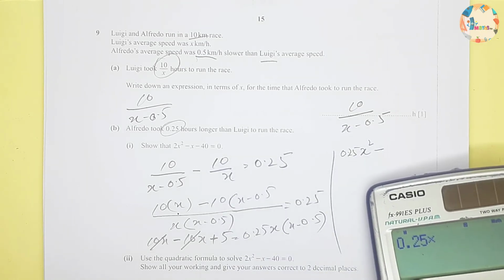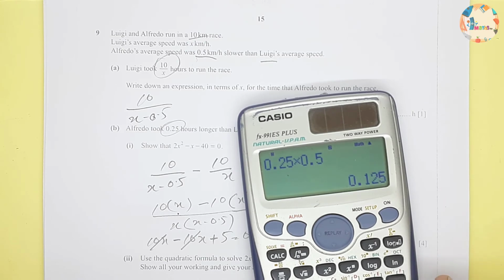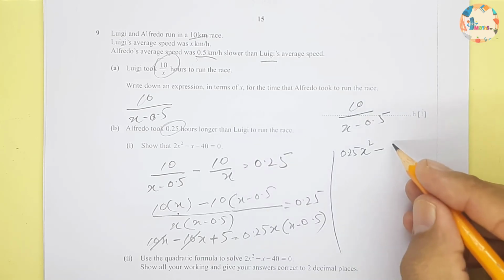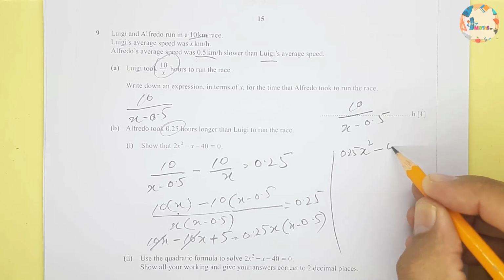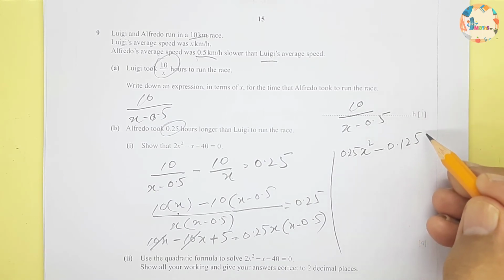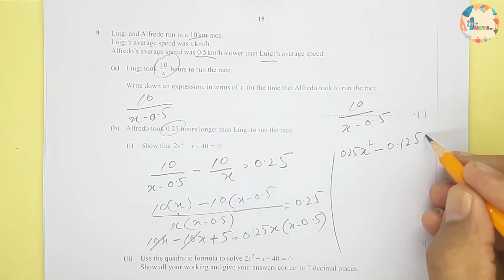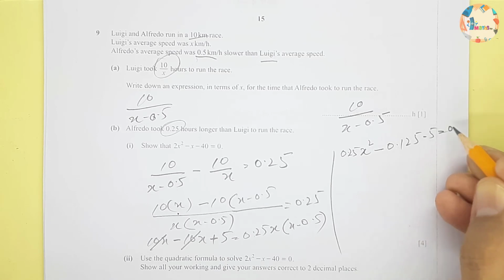0.25 multiplied by 0.5, so this will be equal to 0.125, so minus 0.125, and this is equal to, and this one we can shift to this side, so this is minus 5 is equal to 0.